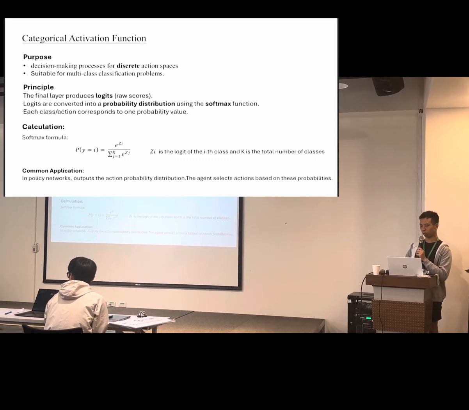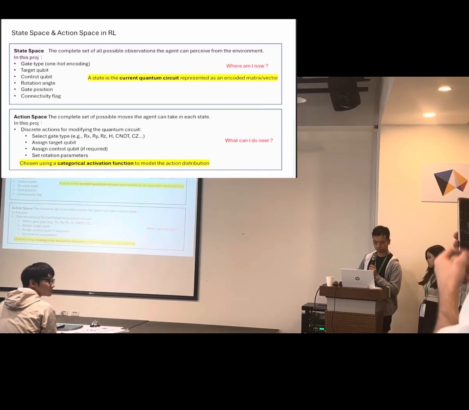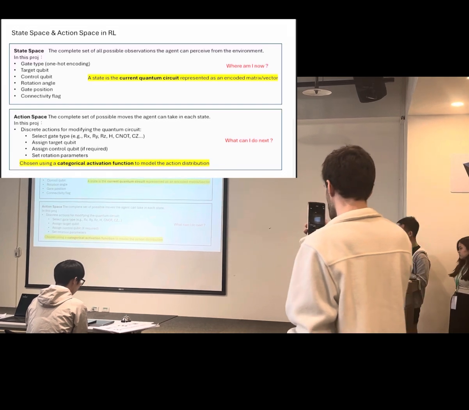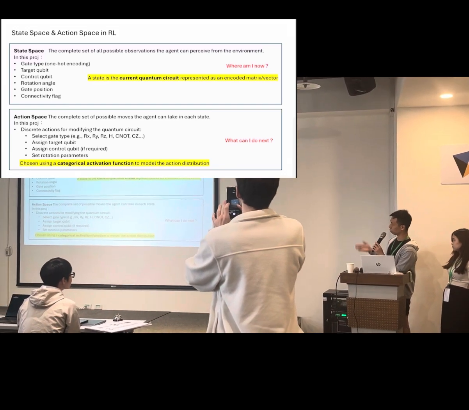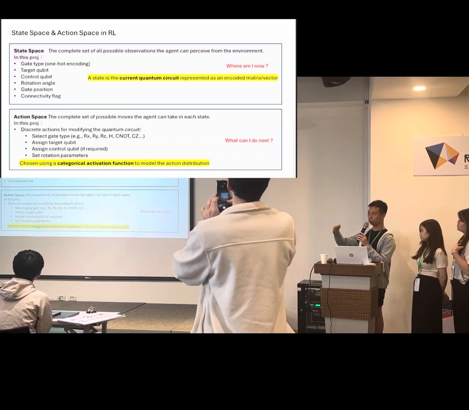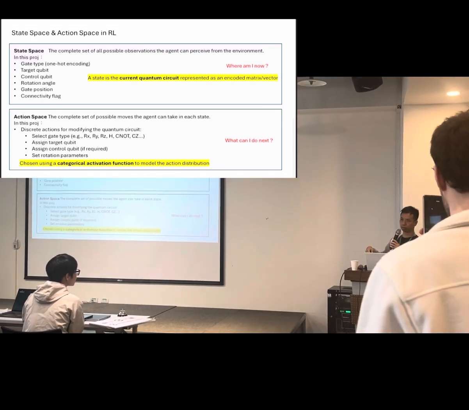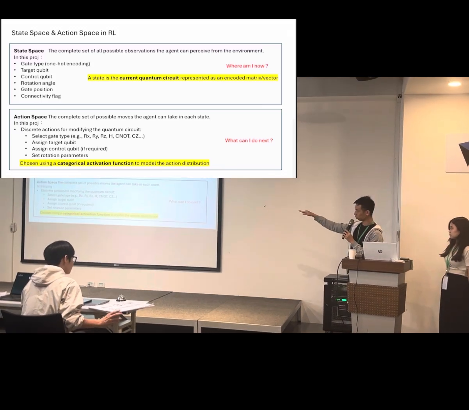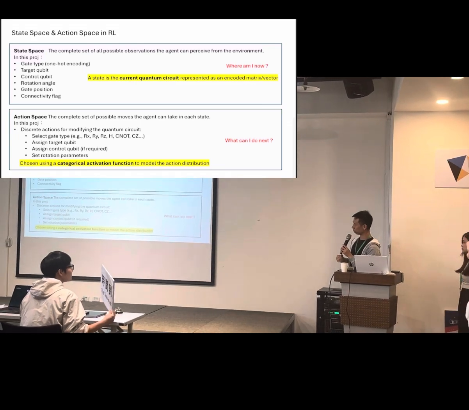Then we have the state space, which includes the gate types, the different control and target qubits for the control gates, the rotation angle for the rotation gates, the position of the gate, and the connectivity between qubits. The action space consists of the different types of gates and how to assign the qubit rotation.